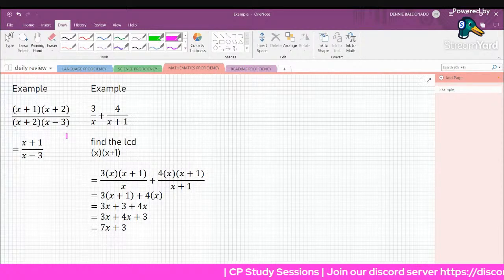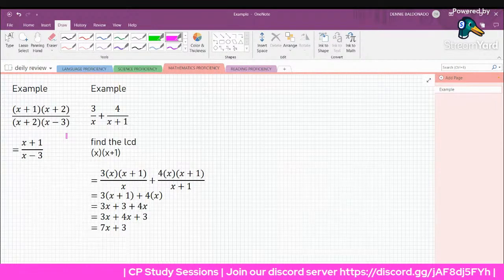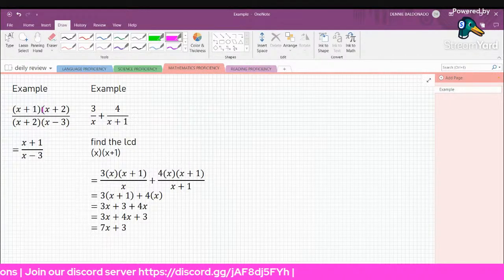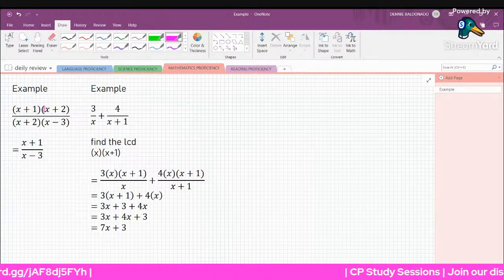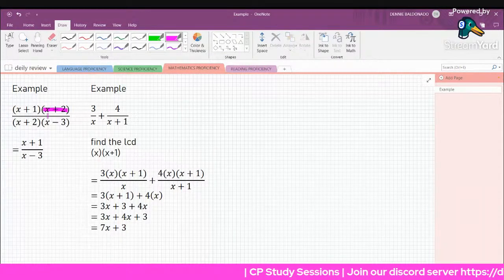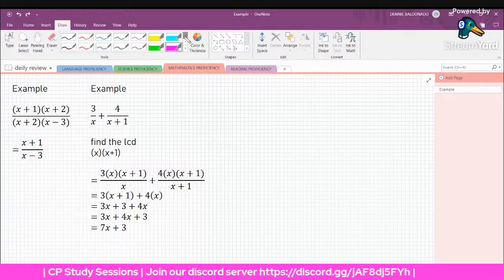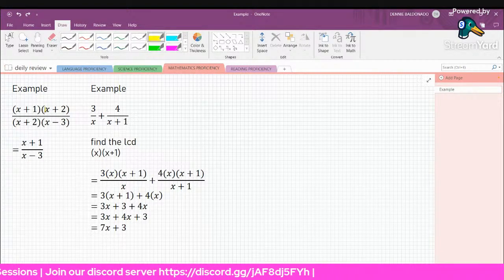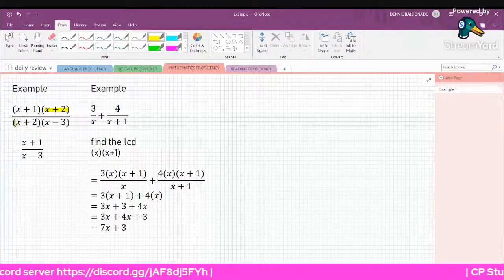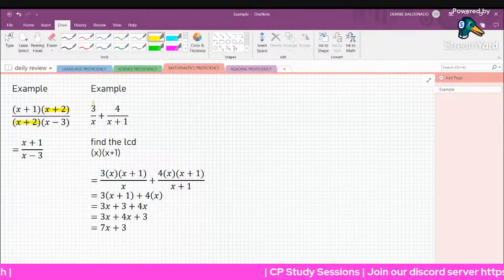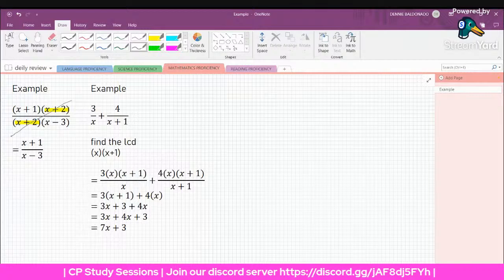So, kapag nakakita kayo ng ganitong example na meron kang isang expression na parehas ng given sa isa pang expression sa denominator mo, you can simply cancel that out. So, cancel na natin yan.